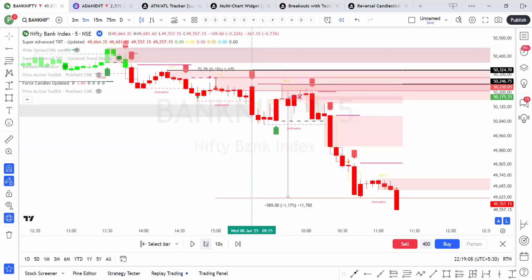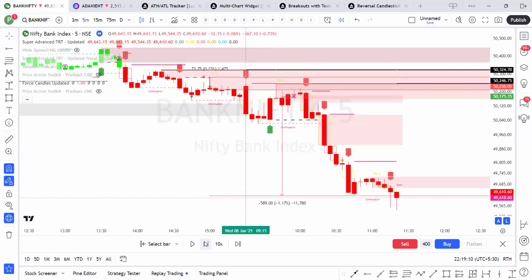Sir, Prashant here. Hello. Yes, sir. Where are you suggesting to short here? After the bearish arrow, the second candle after? Here, at the 9:40 candle, according to our rules, there is strong buying force and an arrow. Yes, over there, below that. So we need to wait for 2-3 candles.